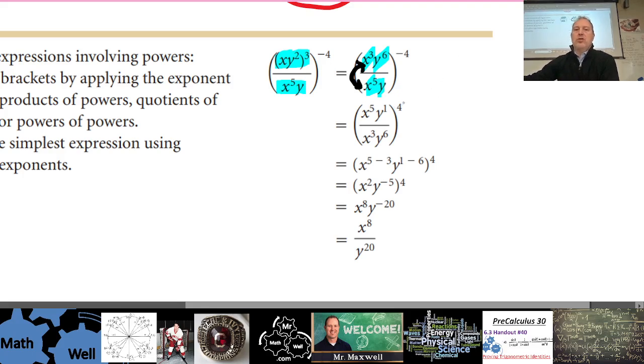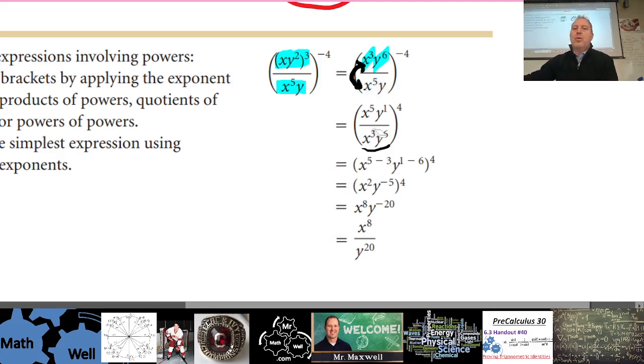So now what you do is you apply the 4 exponent to the top and to the bottom, and then you would do this. So x to the 5 times 4, right? Oh, what did they do here? Oh, okay, so they did not do this next. You could, but you don't have to. What they did was they worked inside the brackets and they simplified inside the brackets first. Okay, so let's do it that way. But you do have options. I wouldn't normally do it that way, but you have options. Totally fine.